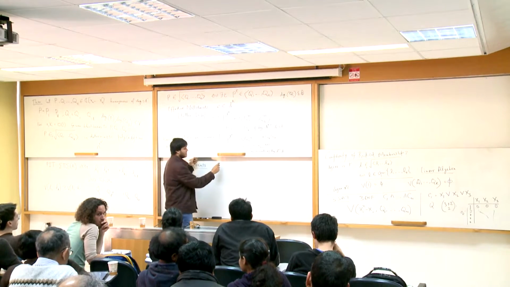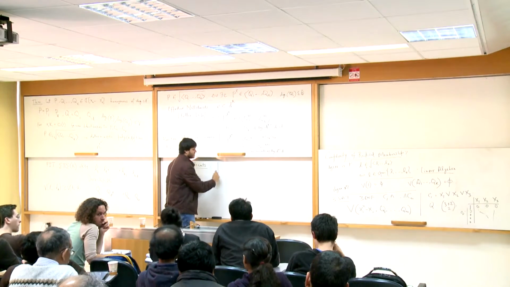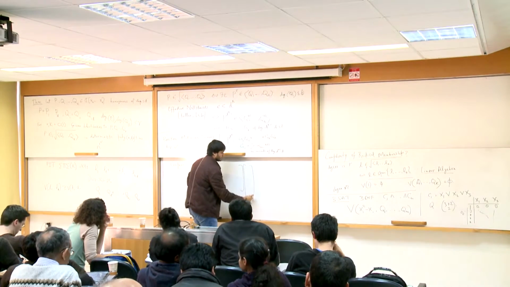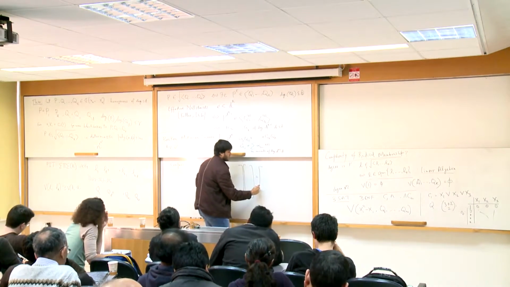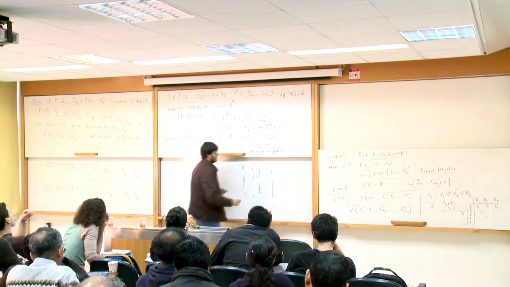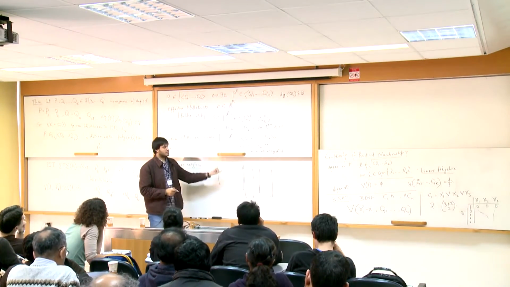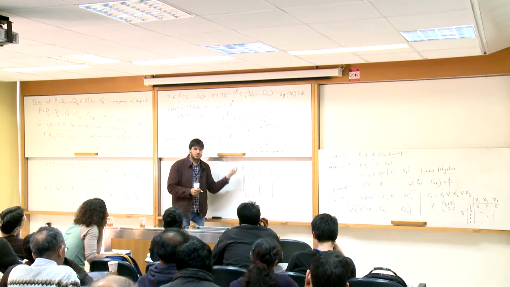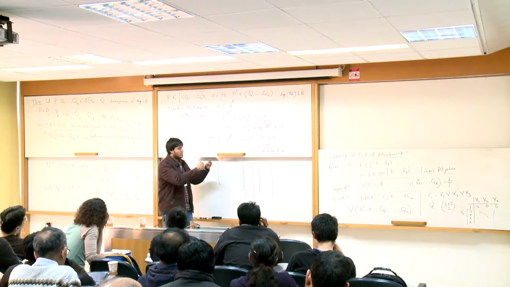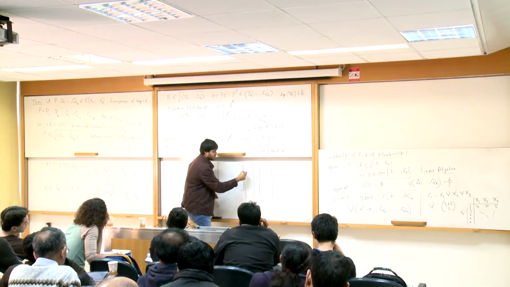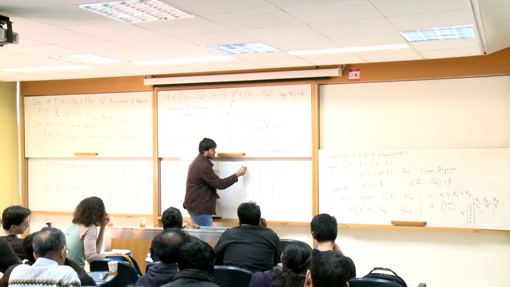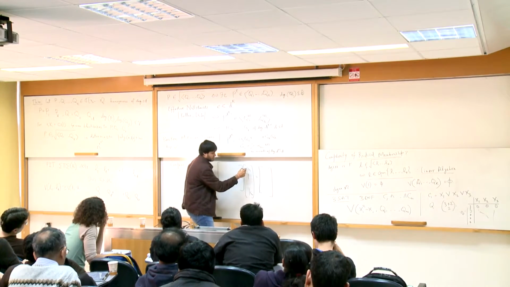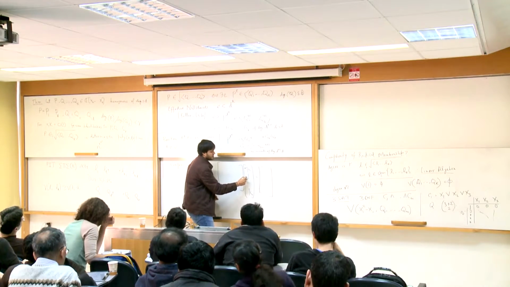What you will get is many linear equations, a huge system. You can check that it's a homogeneous system of equations in the alpha ij's.